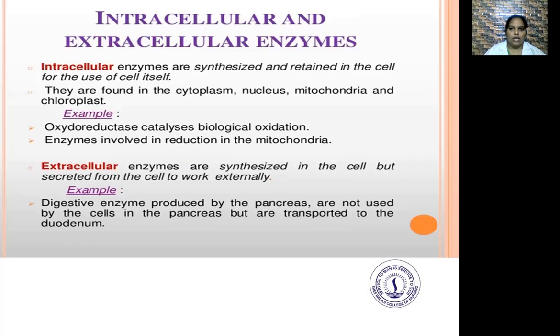Extracellular enzymes are synthesized in the cell but secreted from the cell to work externally. Example, digestive enzymes produced by the pancreas are not used by the cells in the pancreas but are transported to the duodenum.